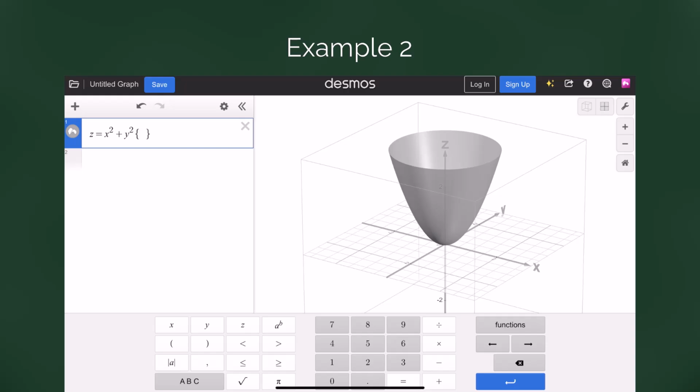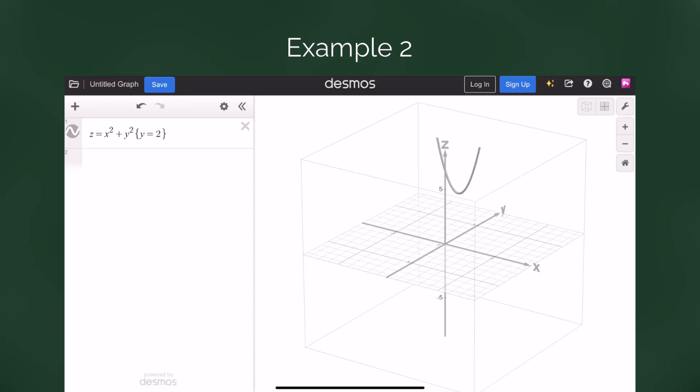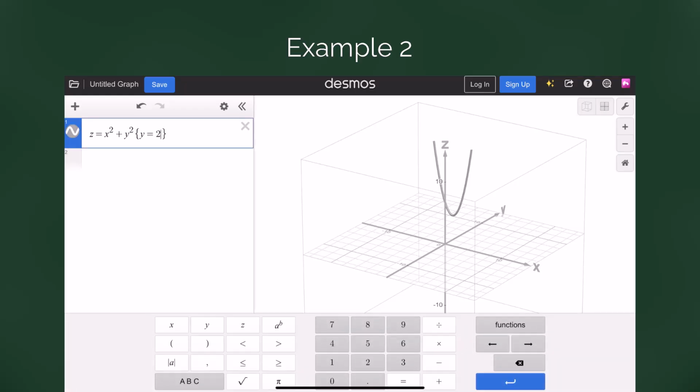So that last one was the xy trace. Let's look at the xz trace. So this time we're going to let y be 1. And we see we get a parabola. If we change to y equals 2, there's our trace. And we can keep doing that for different values, like y equals 3. We'll get a slightly different trace.